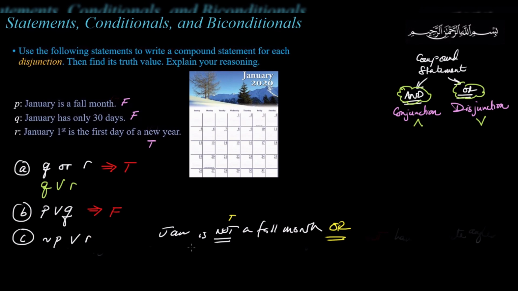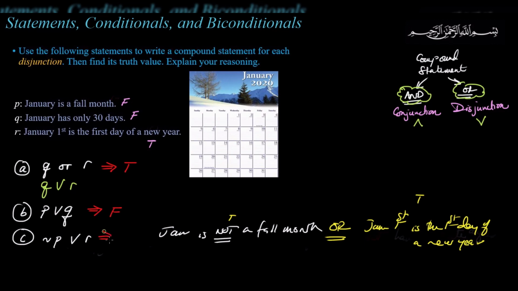Or R, January 1st is the first day of a new year, which also happens to be true. We only need one true statement for this disjunction to be true, and since both are true, the entire compound statement will also be true.